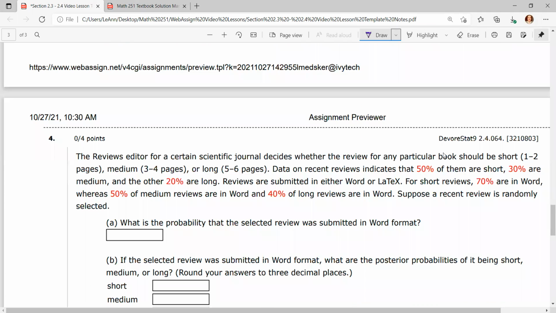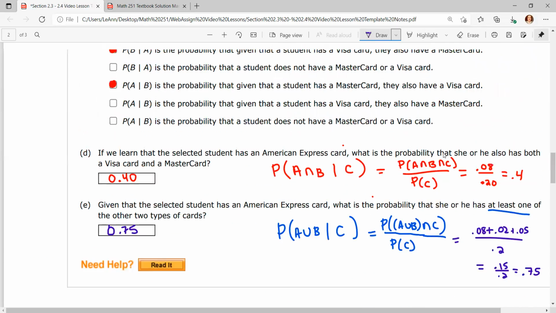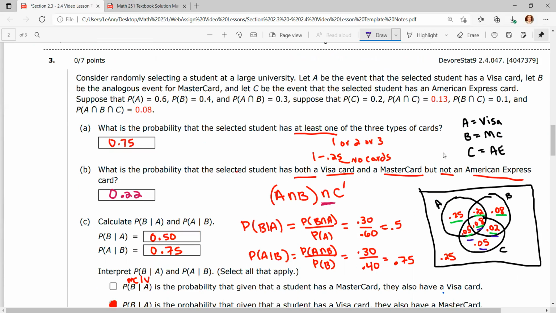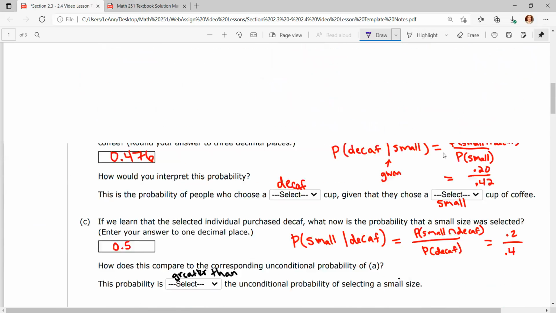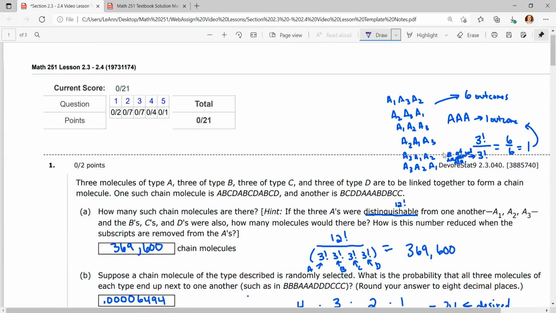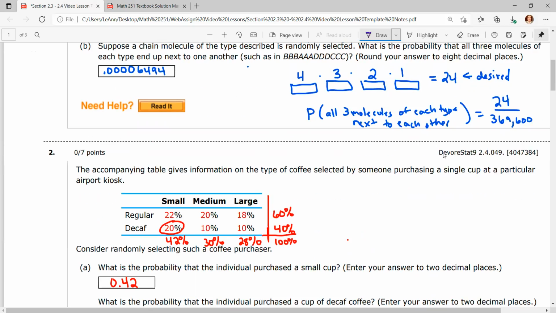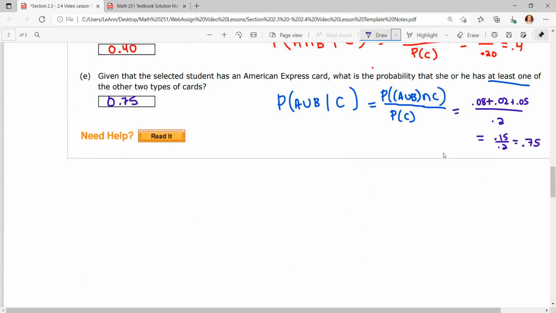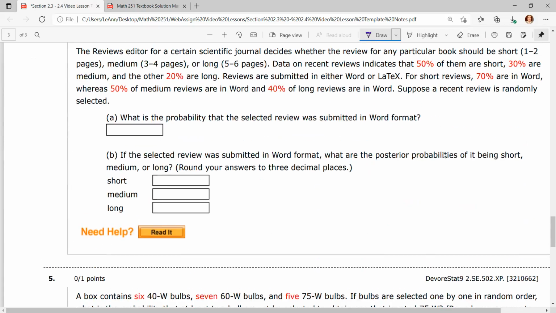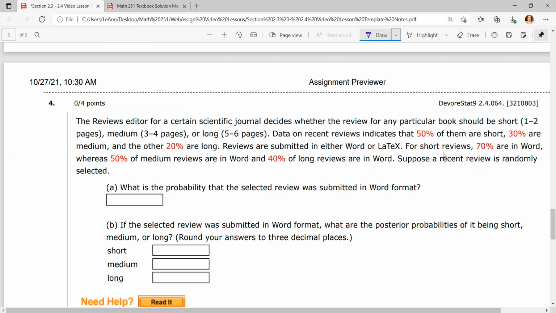So this is something that is covered in, I believe, section 2.4. The first one was a 2.3, and then 2.4, 2.4, 2.4. But at the end of 2.4, there's a theorem called Bayes' theorem.